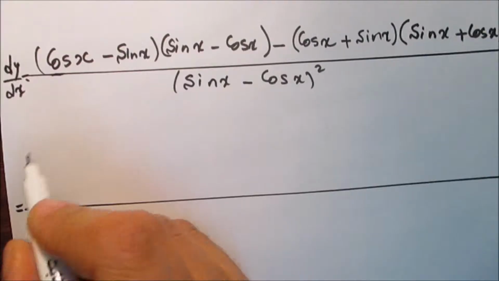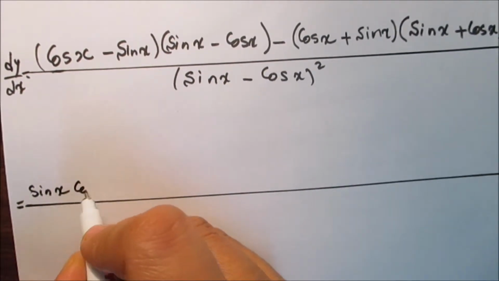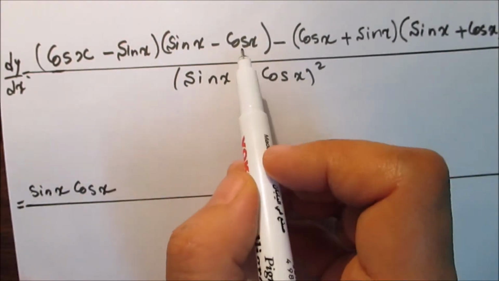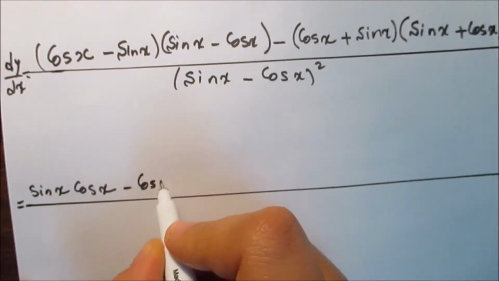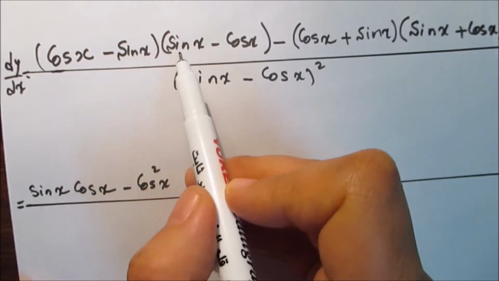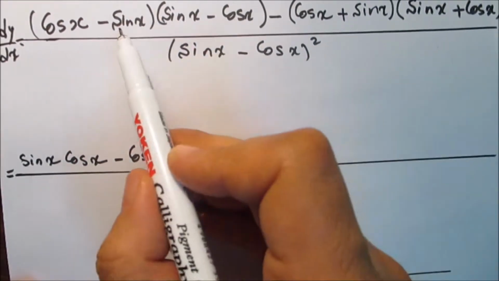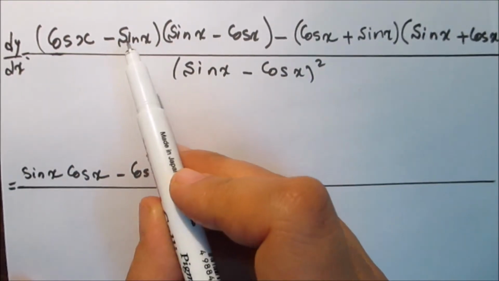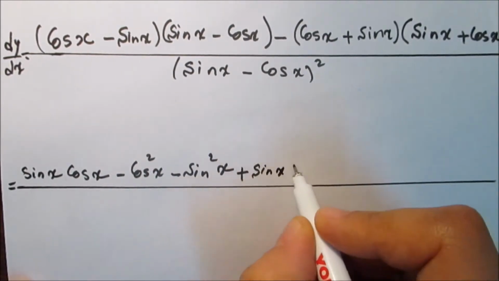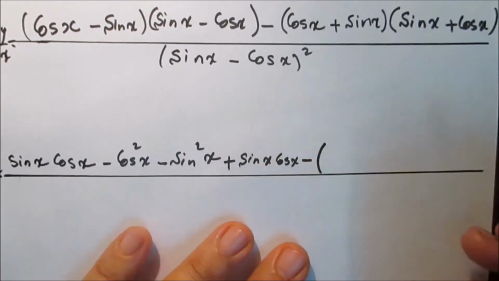Now simplify. Cosine times sine is sine x times cosine x, start with the sine, and first times second is cosine times cosine, which is negative cosine squared. Now the second times the first, so negative sine times sine is negative sine squared x, then the second times the third is negative sine times negative cosine, which is positive sine x cosine x, and minus, we have a bracket.